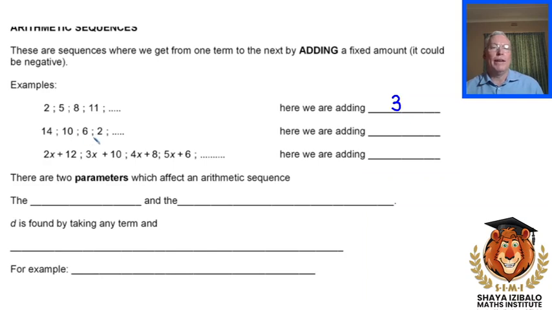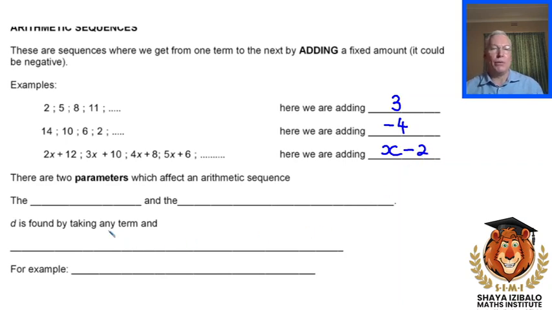We're adding negative 4 to get from one term to the next. And in this one, we've got an algebraic expression, and if we take a careful look at it, the x's are growing by 1 each time, so we're adding an x, but the constants are decreasing by 2, so we are adding negative 2. That is what we are adding.